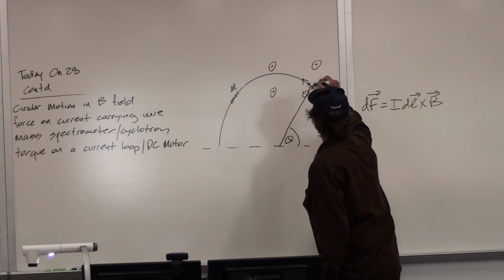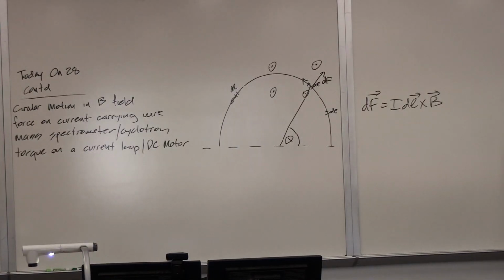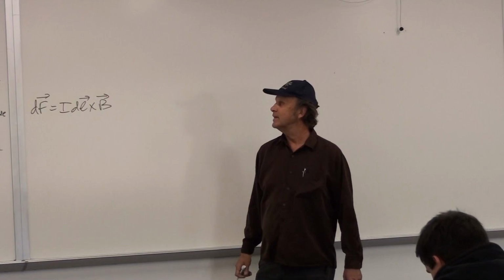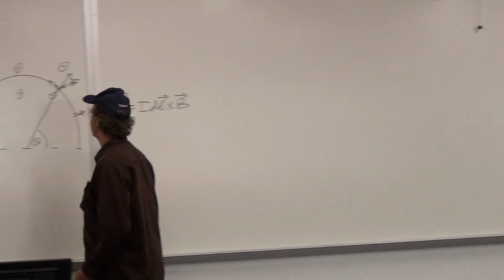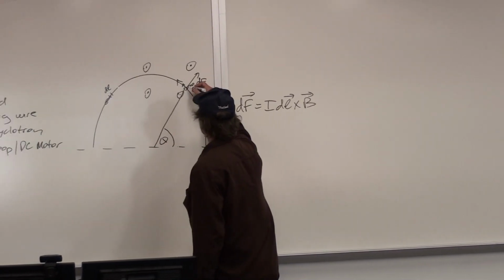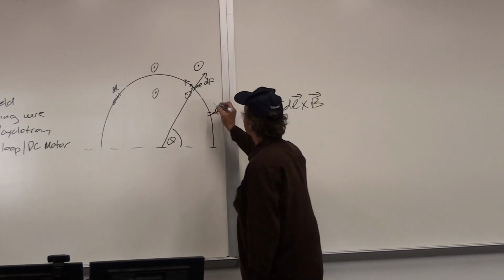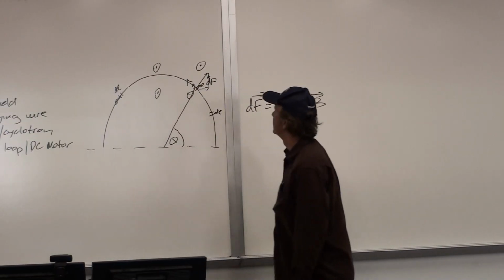That's exactly right. And so I'm going to give that a length, even though it's an infinitesimal quantity, because we're going to be adding vectors, and so it's nice to have something that has a length to it when we're adding these things together. And what I'm kind of guessing is happening is that this dF is going to be broken up into horizontal and vertical components.